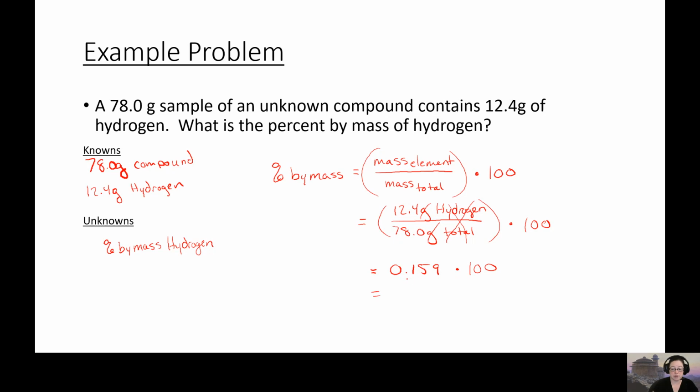You can do this on a calculator, or you can simply move that decimal over 2 spots. So now that's 15.9%, and this is your percent by mass of your hydrogen. So we can fill that in, and now we have our answer.